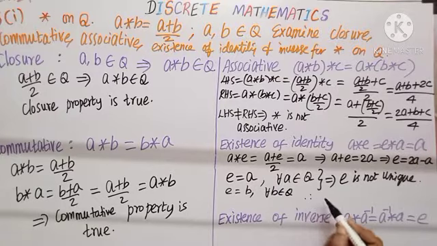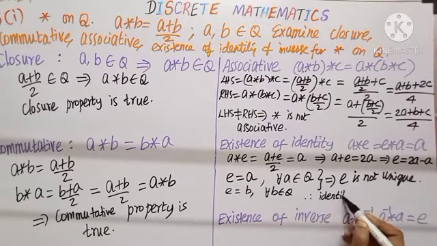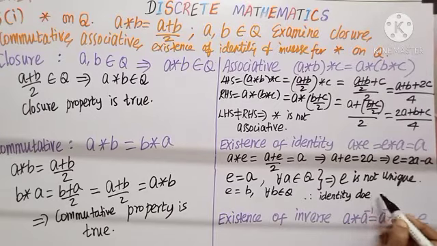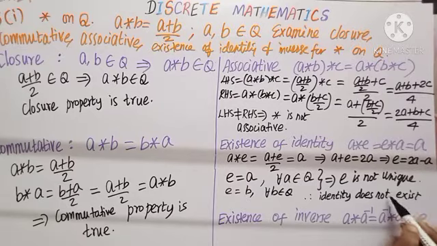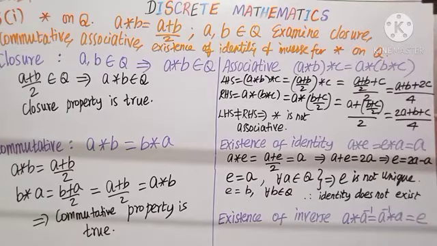So identity does not exist. The condition is not satisfied. Remember the idea: in a particular problem, only one identity should come. Whether I take A or B or C or anything, E should be the same.